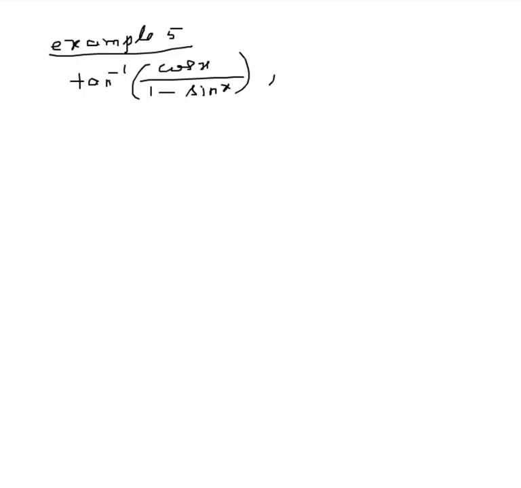Now example 5. Express tan inverse of cos x divided by 1 minus sin x, with the condition minus 3 pi by 2 less than x less than pi by 2, in its simplest form.